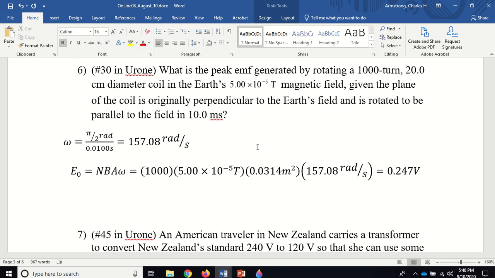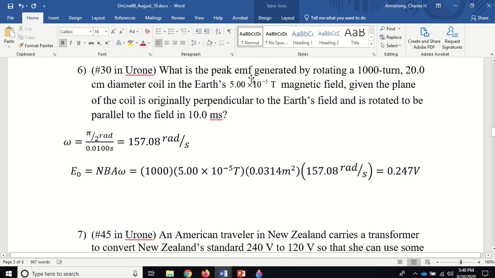Perpendicular to the Earth's field is when the flux is at its maximum, so we're going down from there, changing the magnetic flux. So what is the peak EMF?